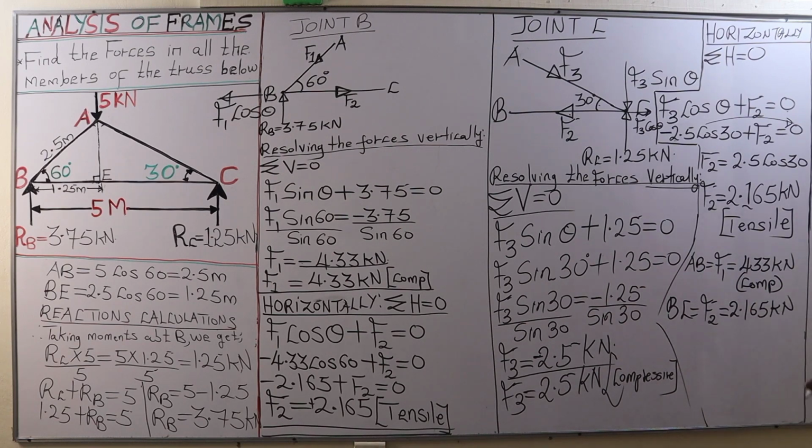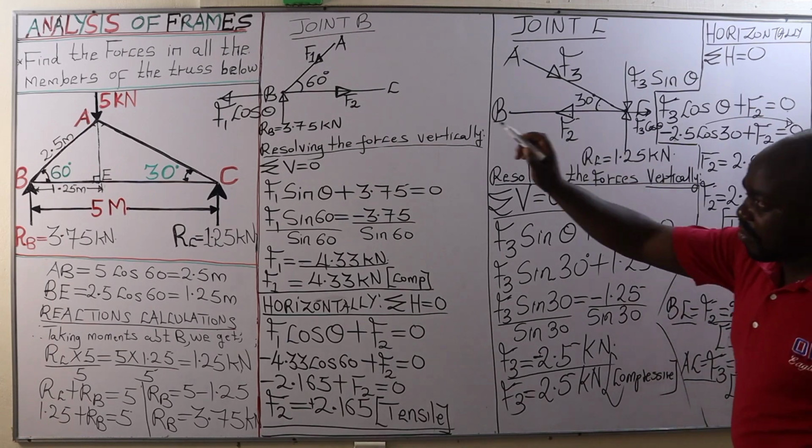That is a positive force, and therefore it is a tensile force. Finally, on member AC, we got a force F3, whose value is negative 2.5 kilonewtons, and therefore, since that force is negative, it is going to be compressive. Therefore, we got the forces on all the members of the truss.